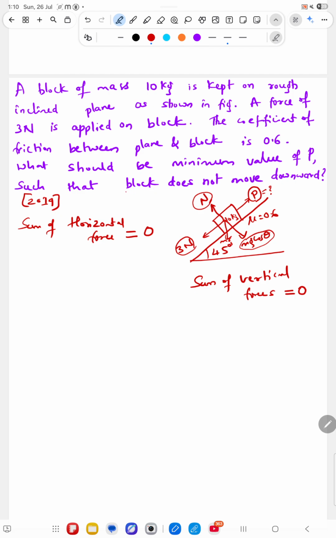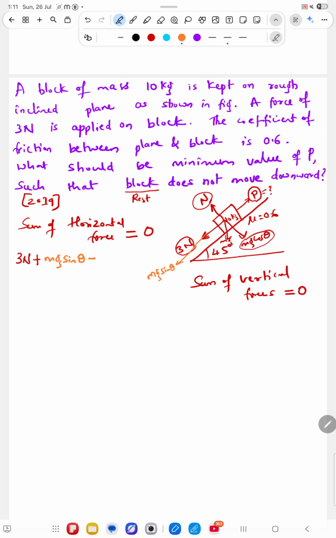Then only the block remains at rest. So for the sum of horizontal forces, one is the 3 Newton, plus, because of this 10 kg, there is one more force acting, that is mg sin theta.